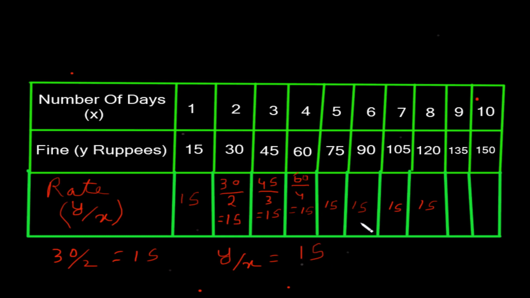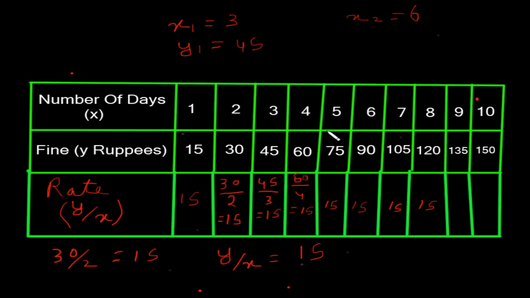Now let the number of days a book is overdue be x sub 1, like x sub 1 is equal to 3. Then for this x sub 1 we have the corresponding fine of 45, so y sub 1 will be 45. In the same way, let the number of days a book is overdue be 6, x sub 2 be 6.